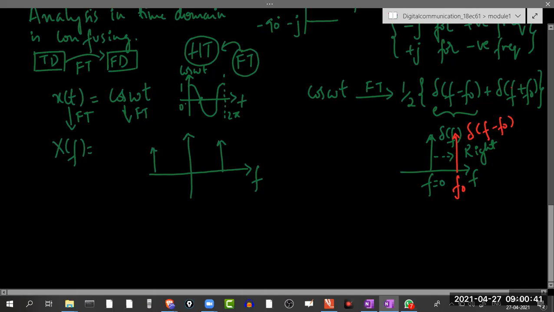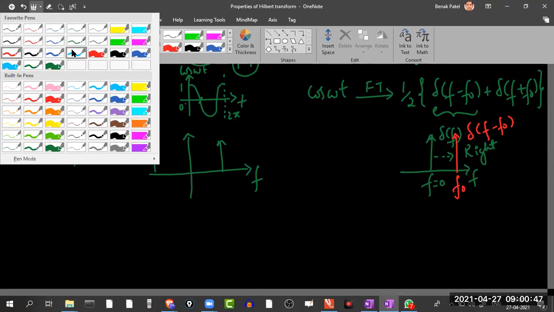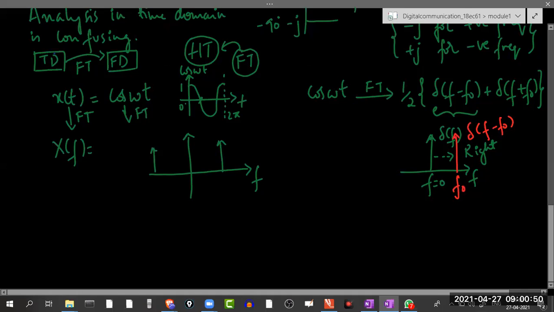And if I look at the other term, delta of f plus f naught, again it's an impulse function. Only thing is right now it's left shifted or left translated. So this is delta f plus f naught, at some negative frequency, negative f naught. Now, both these two signals are associated with what amplitude value? It's equal to half.